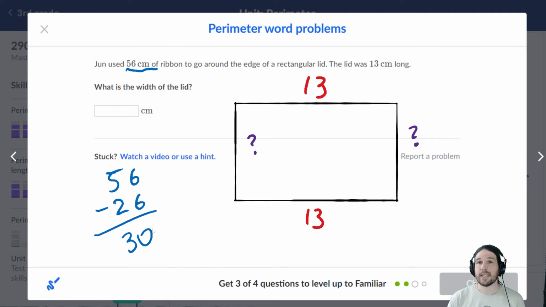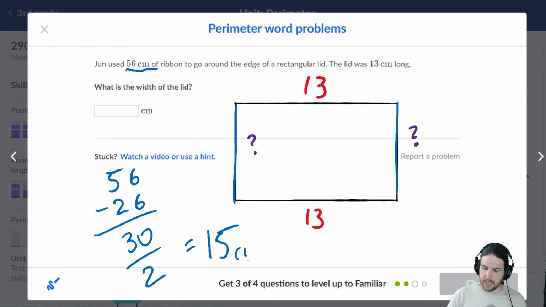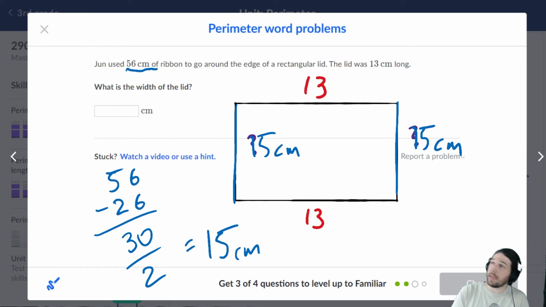And again, even without variables, we know that because there is 30 centimeters left over two sides that are equal, we can just divide by 2 and get 15 centimeters per side. So we did, in fact, label it incorrectly because clearly the shorter one ended up being labeled bigger. But again, who cares, right?